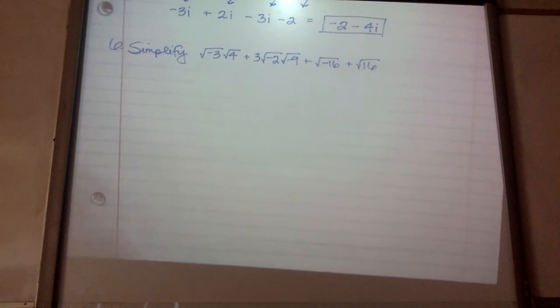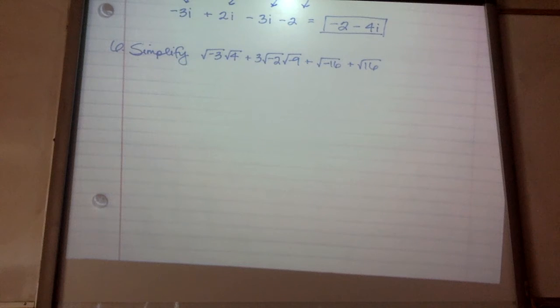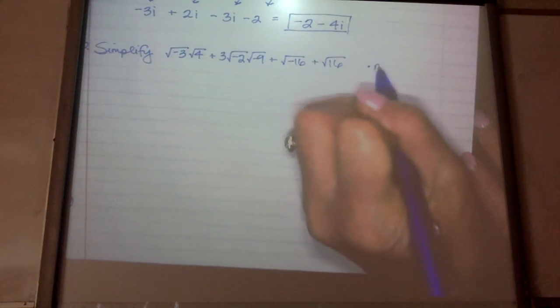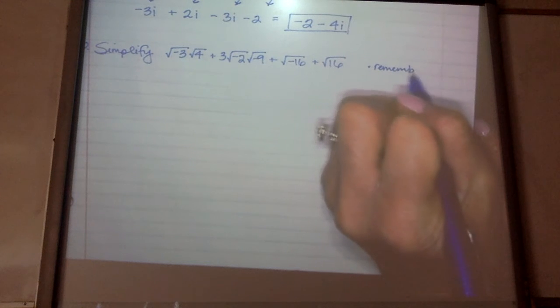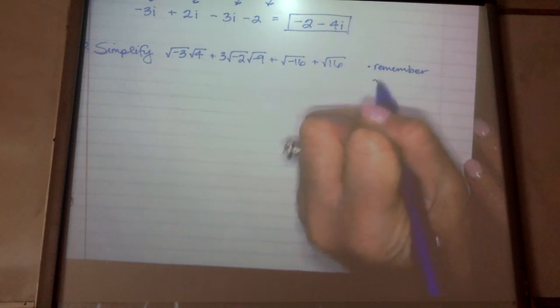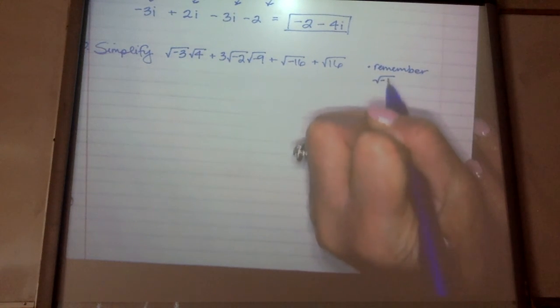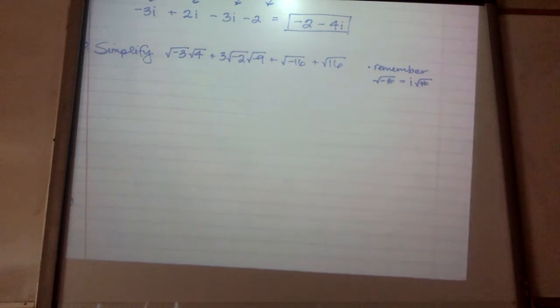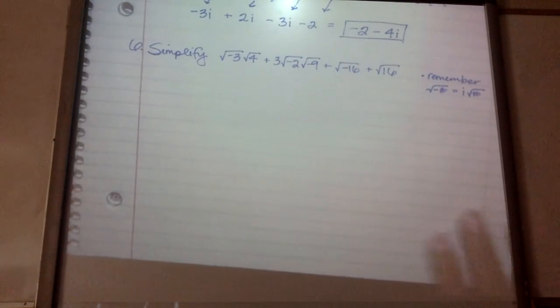Again, I'm going to simplify each of these. Remember, the square root of a negative number means that you're going to pull i out and leave the number inside. So I'm going to simplify each term.